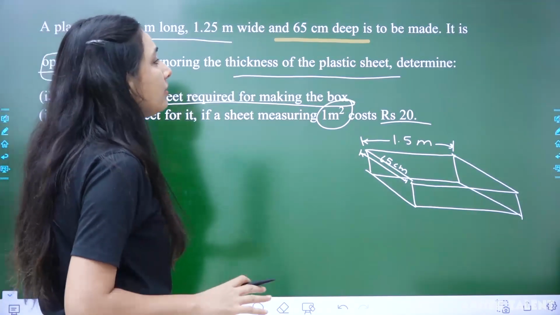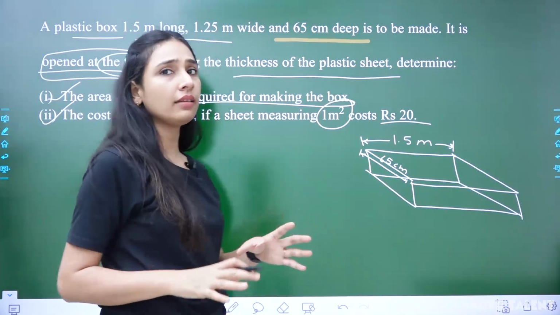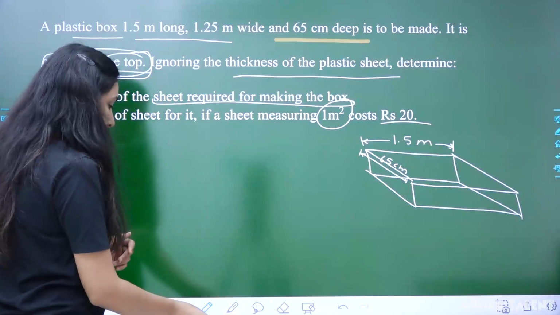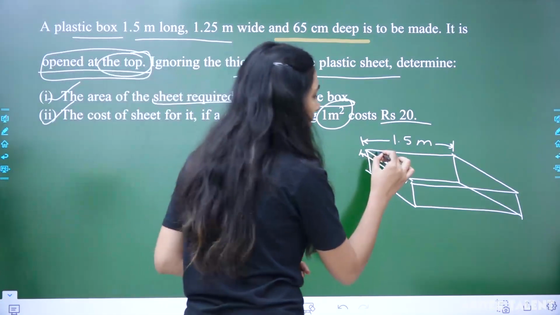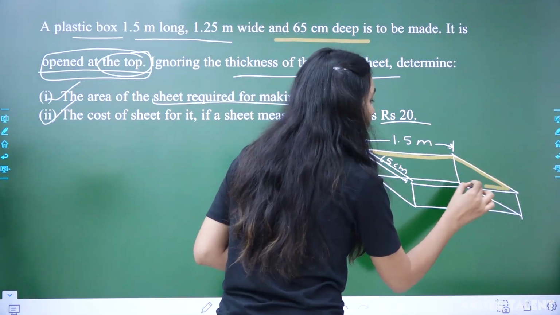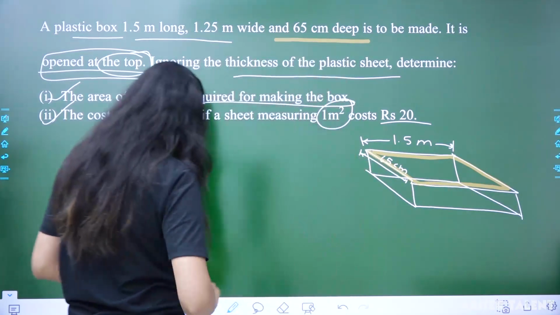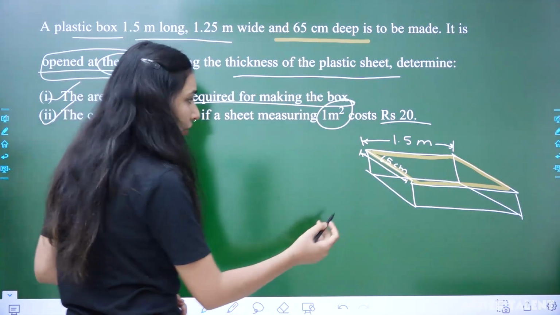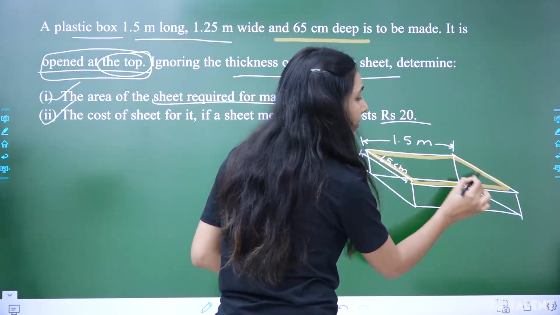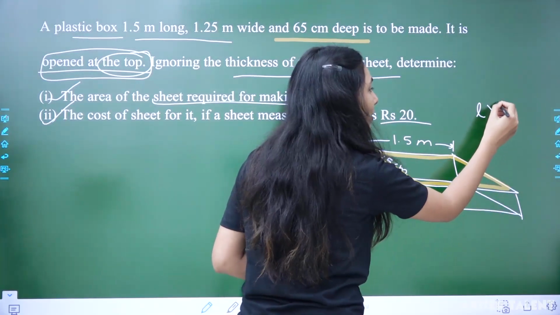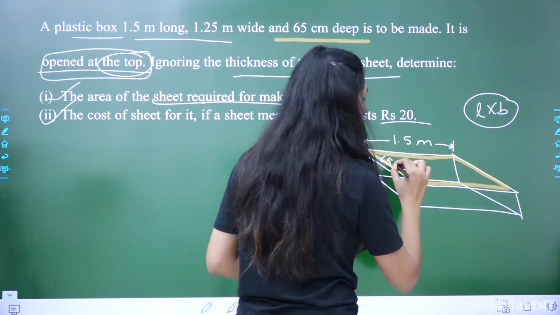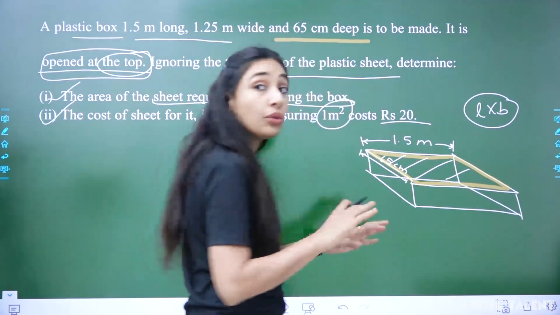Ignoring the thickness of the plastic sheet, just forget this having any thickness, and we are having this part open. So one surface of it is open. Now which surface? If we look carefully, this is length and this is width. So length multiplied by width, that is this area, is excluded from it.